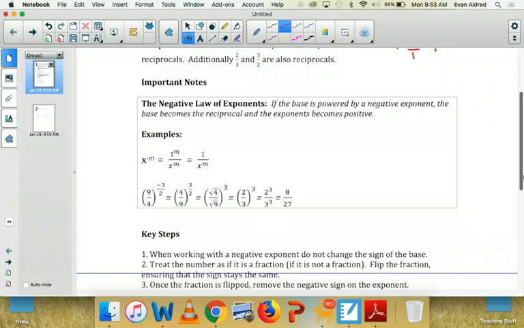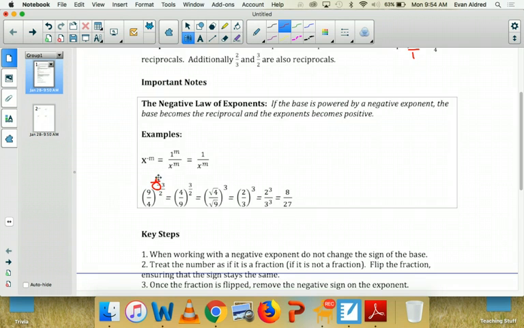Now sometimes it's a little confusing to see without numbers. When we substitute numbers in, we can see how this kind of plays out. And you'll also see how it's very, very similar to material we looked at in the fourth reference guide. So let's look at an example with numbers in it, and see what's happening here. So if we start with a base of 9 over 4, and we have a fractional exponent of negative 3 over 2, the first thing we're going to evaluate is that negative sign.